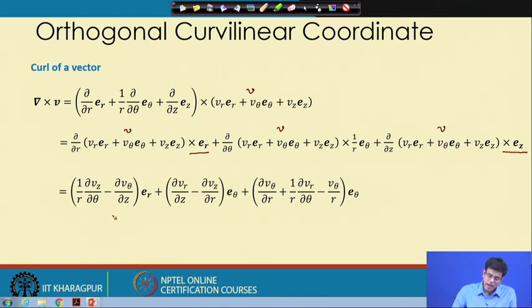Now if you expand and use those derivatives with respect to the coordinate variables, we come up with this formula, which is pretty different from the Cartesian system.